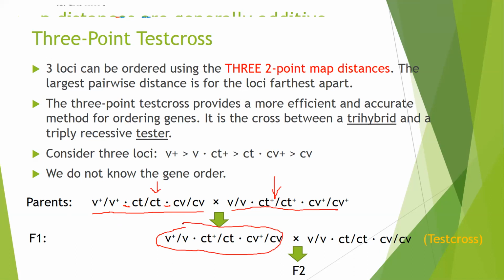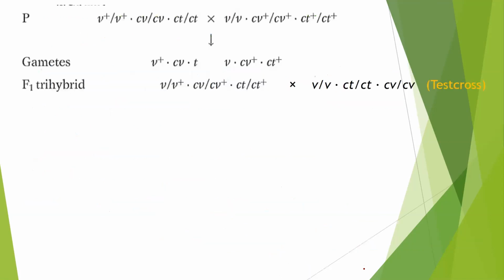We test cross this one with the homozygous recessive to generate an F2 population. So this is the F2 progeny. We analyze this F2 progeny to help us figure out the genetic map for these 3 genes, right?